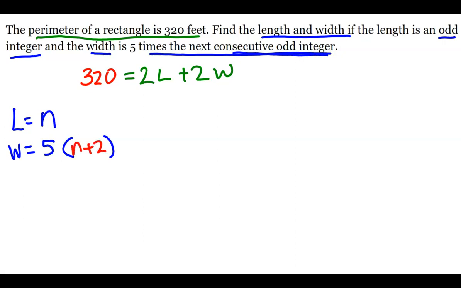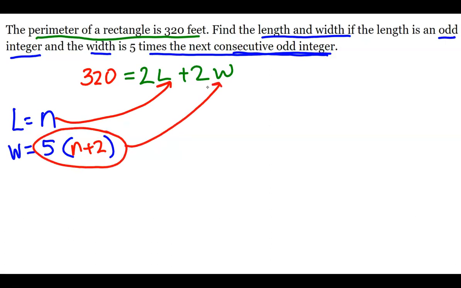So now what we can do is we can start erasing and replacing the information for the length and the width. So I'm going to put an n in the length position, but I'm going to put this entire piece of information into the width position.